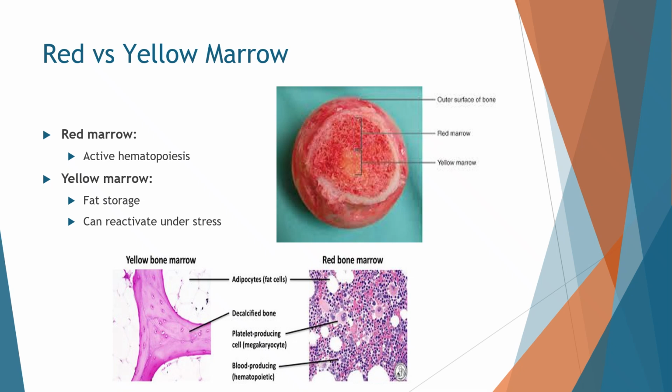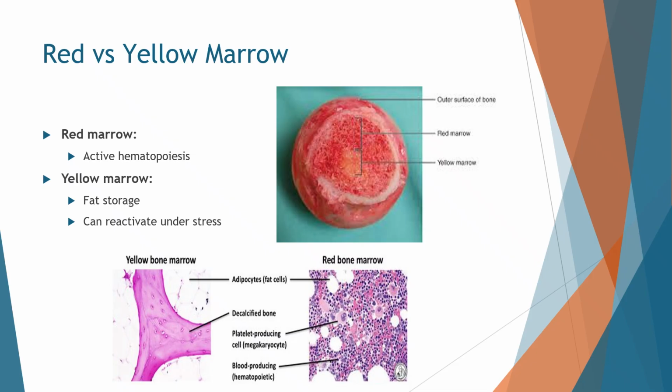Now let's talk about something you will absolutely recognize microscopically, the difference between red marrow and yellow marrow. Red marrow is where active hematopoiesis occurs. It is highly cellular and packed with developing precursors, erythroid cells, myeloid cells, megakaryocytes, and stromal elements.